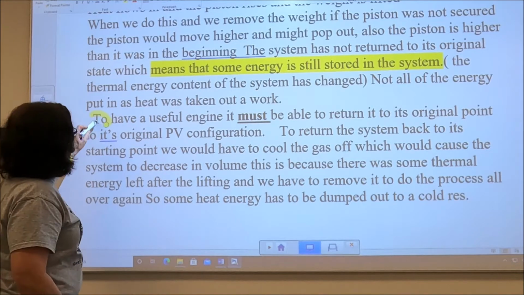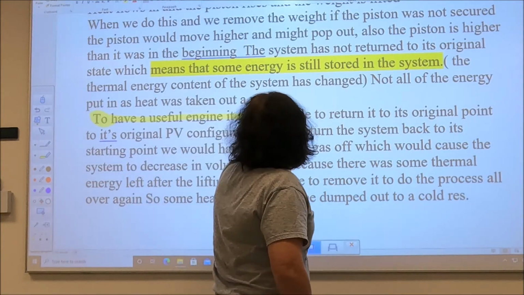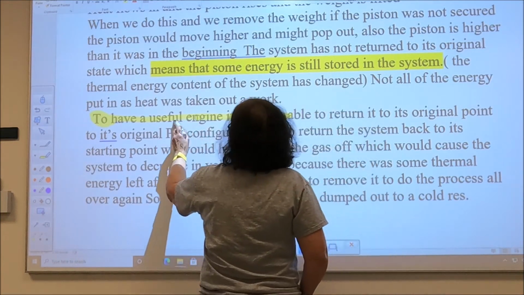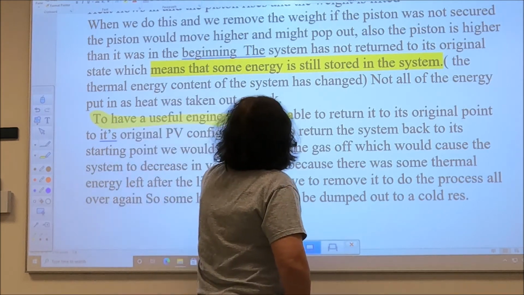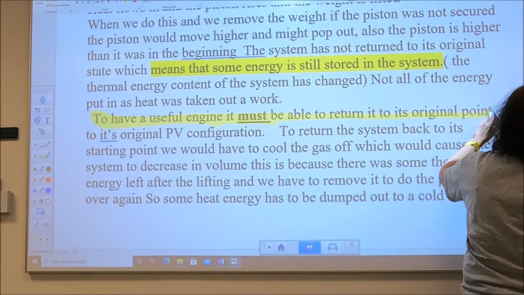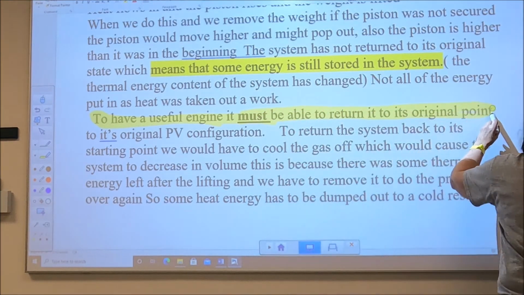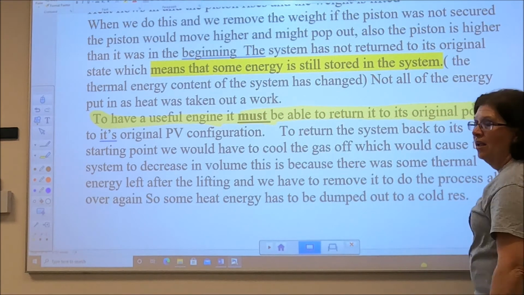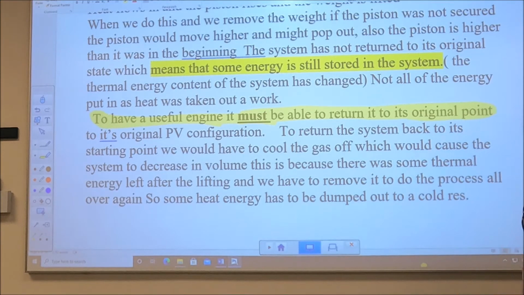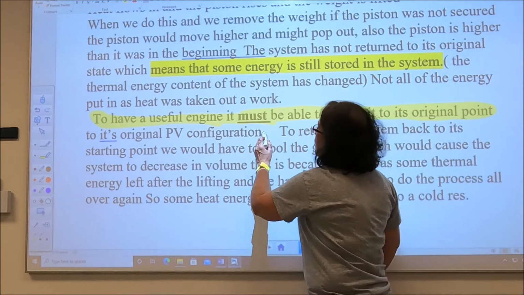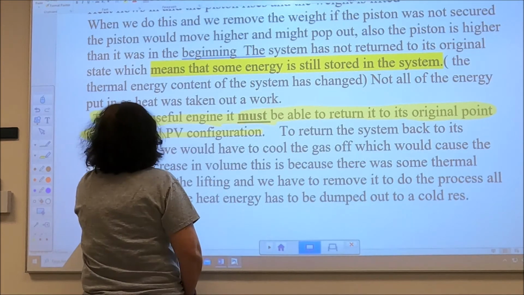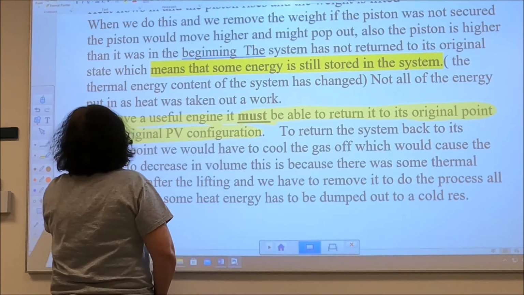Now, this is important. To be a useful heat engine, it has to be able to return to its original position, its original pressure-volume point on a PV diagram, so that the process can be repeated.